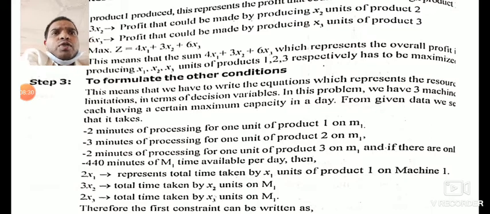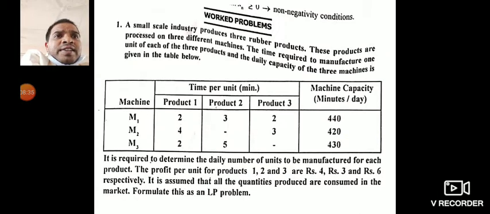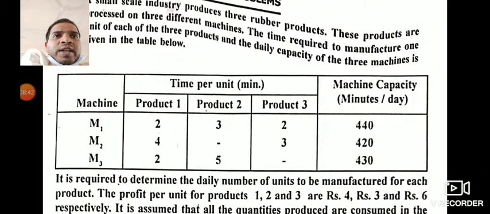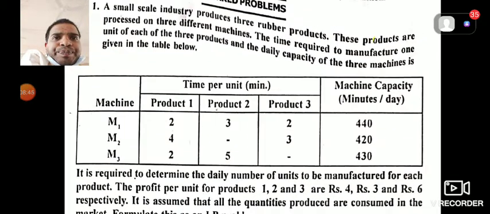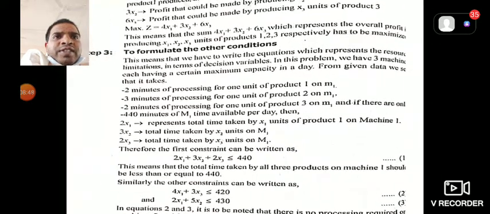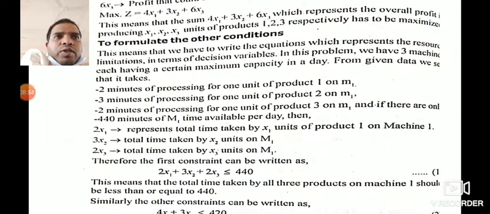Now in step 3, formulate the other conditions. In the given problem, the other conditions are with respect to time. Here he has given the time: 2 minutes of processing for 1 unit of product 1 on machine 1, 3 minutes of processing for 1 unit of product 2 on machine 1, and 2 minutes for processing 1 unit of product 3 on machine 1.